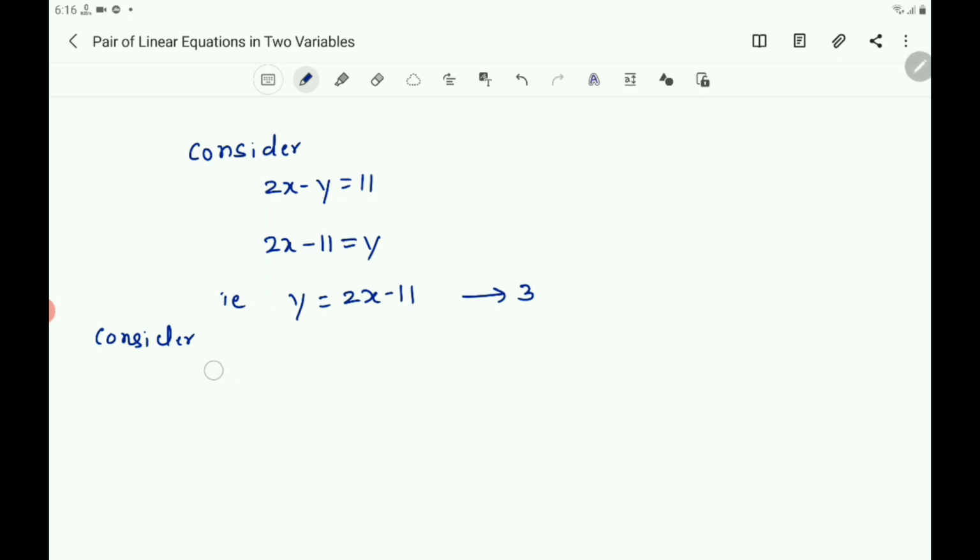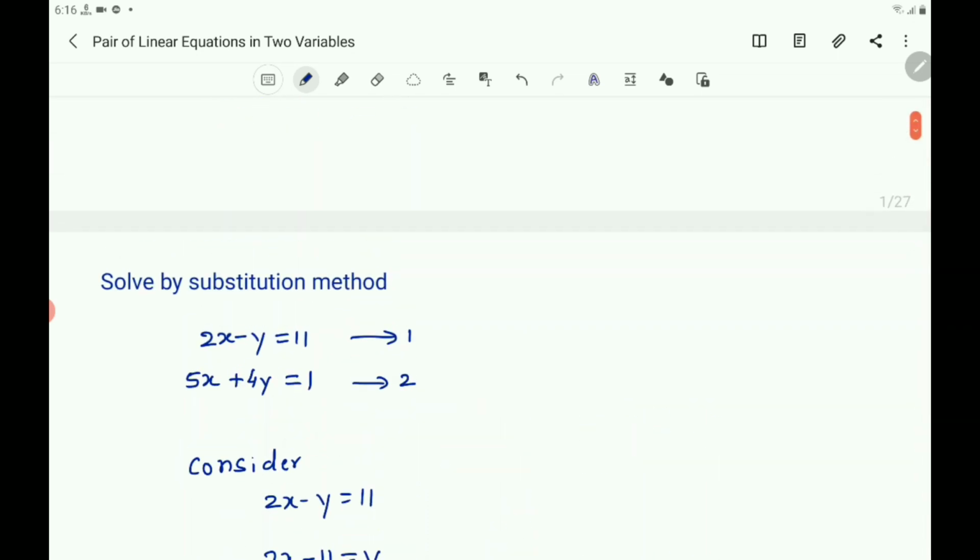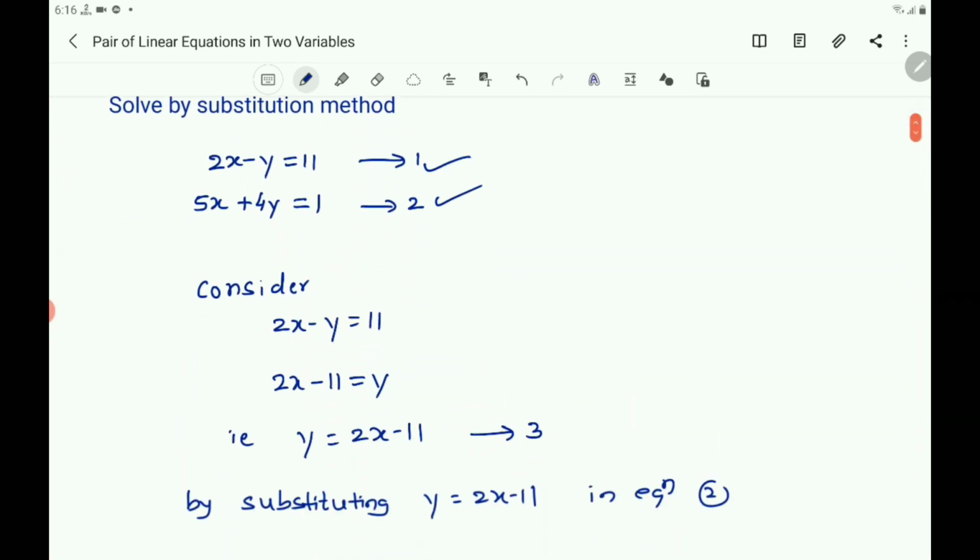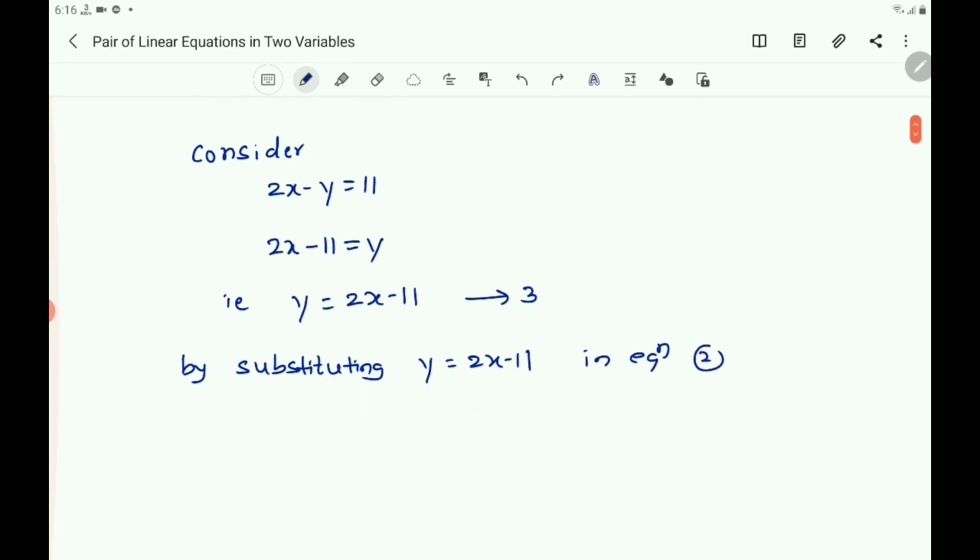So you write, by substituting y equals 2x minus 11 in equation 2. Here we have taken the first one, so you take the second one. Then you write, what is that equation?